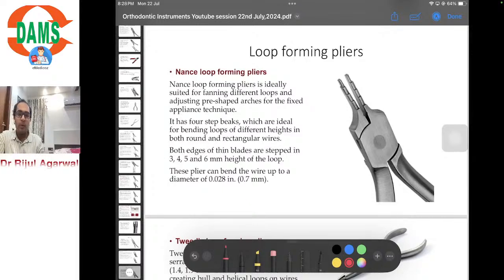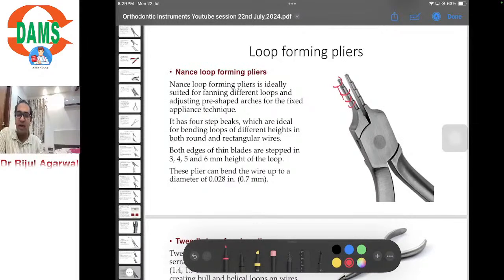Next is the loop forming plier, the first is the Nance loop forming plier. Again look at the beak. The beaks are very thin, tapering and have these steps. So what are these steps for? Whatever diameter of loop you want to bend, you can bend it on that desired step. That's why these steps are present. It is used for forming different loops and adjusting pre-arch shaped arches for the fixed appliance technique.